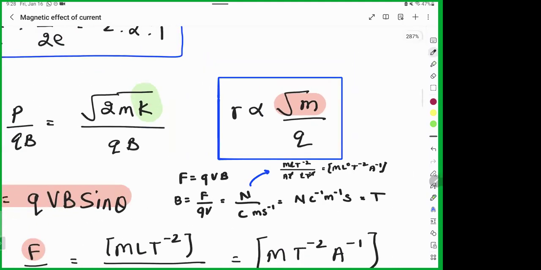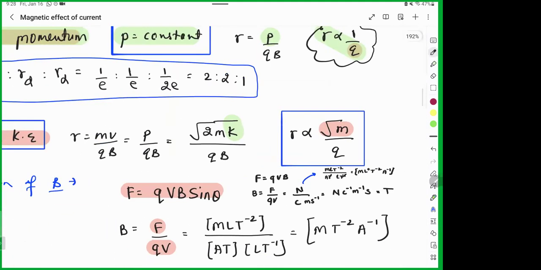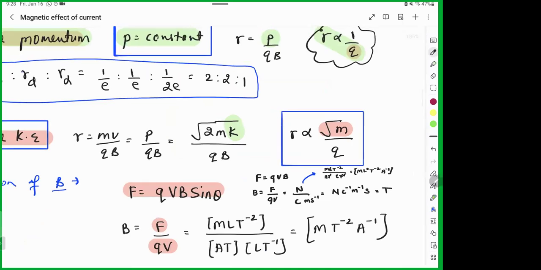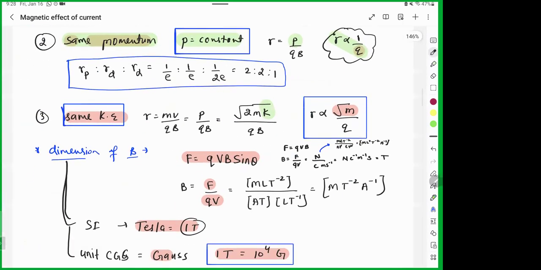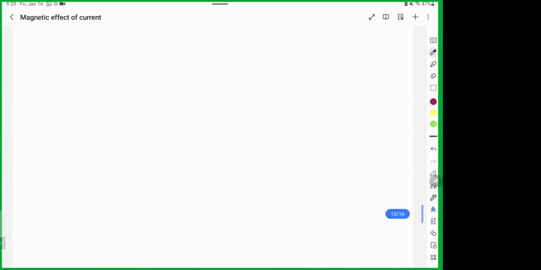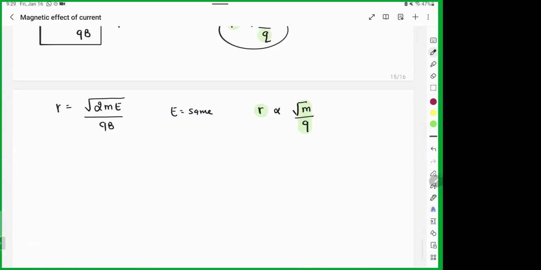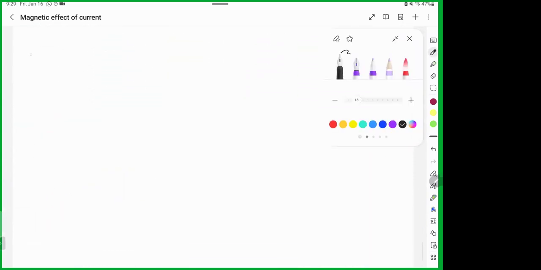And this can be asked. What is the dimension formula of this? Then how to do it? Using the force, charge and velocity: you know force dimension, charge dimension, velocity dimension. But imagine we did the Biot-Savart law. Anvita, what is Biot-Savart law?